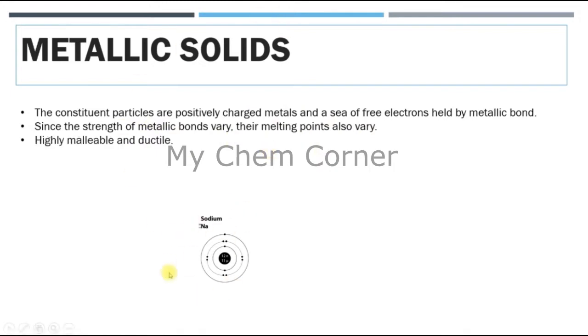Now, we all know that metals have a very characteristic feature of being highly malleable and ductile, which means you can beat them into thin sheets or draw them into thin wires. Both properties are possible in solids. In metals, because they have a tendency to lose electrons, there are free electrons.